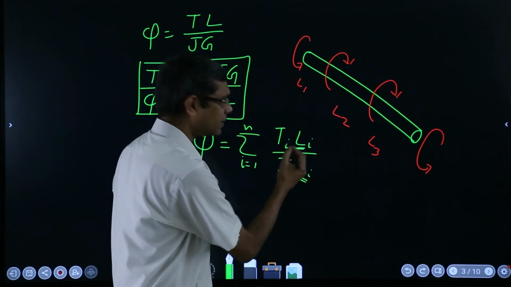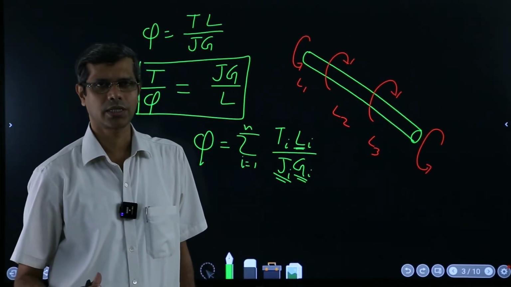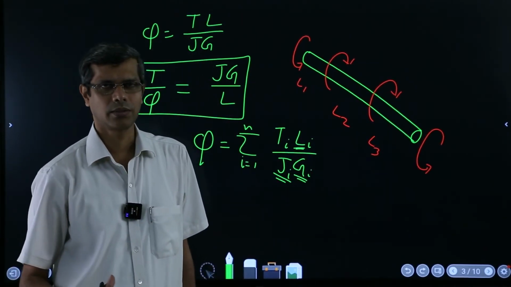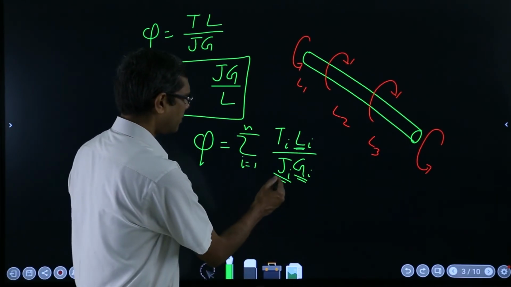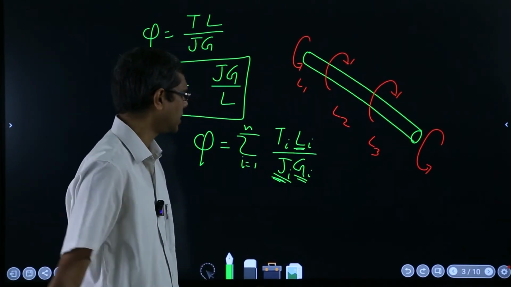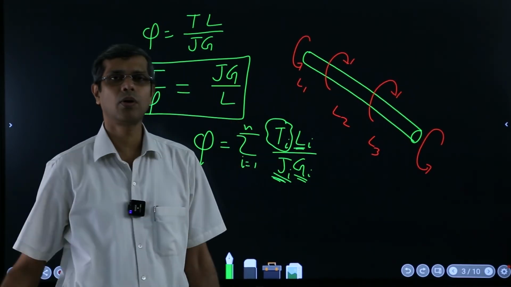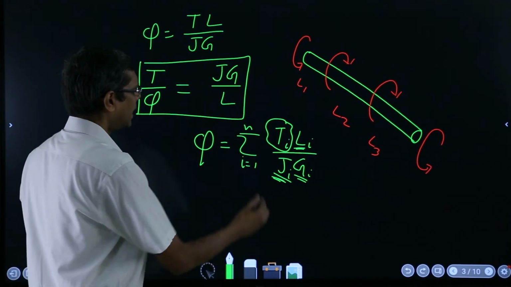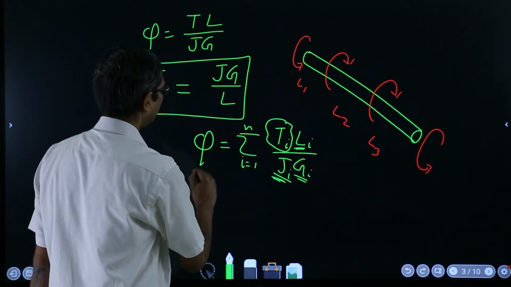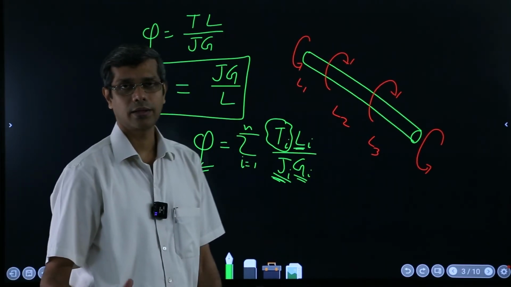The length can change. Even the area of cross section can be changed. In fact, some part can be a solid shaft, some part can be a hollow shaft, and you just have to think about its polar moment of inertia, and what amount of torque that particular segment is subjected to, and then use this to calculate the total angle of twist.